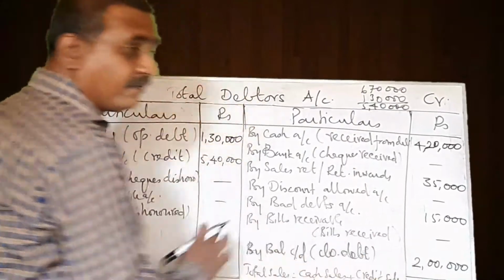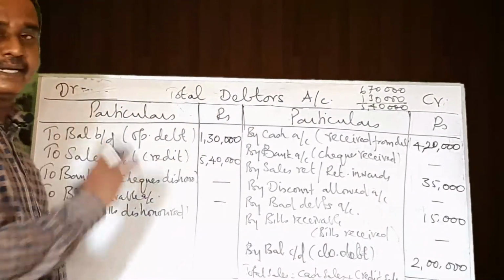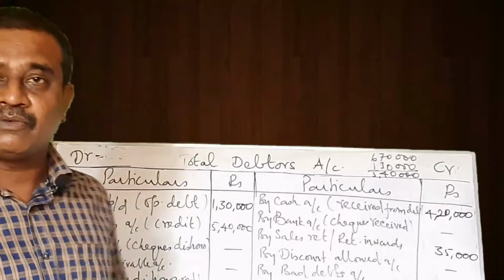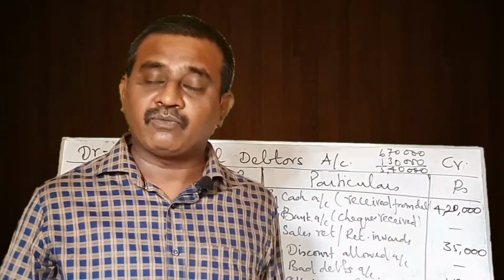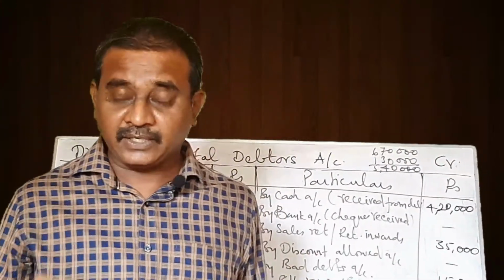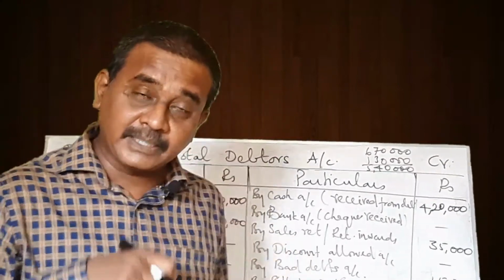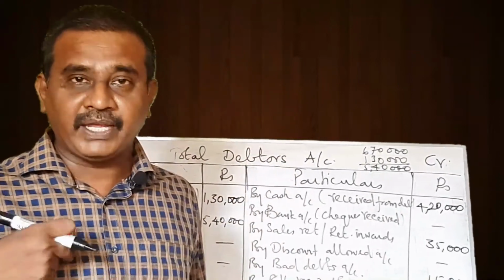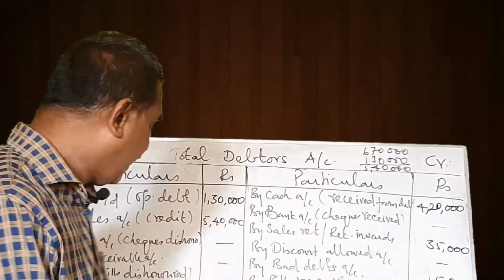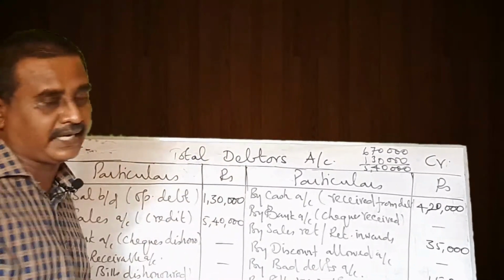And then find the difference. The difference will be the credit sales. In the next sum, they asked total sales. For that, what to do? Total sales is equal to cash sales plus credit sales. Cash sales is given in the problem and the credit sales we have found out. And find the sum, that will come to 10 lakhs.